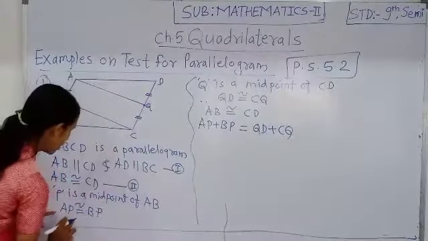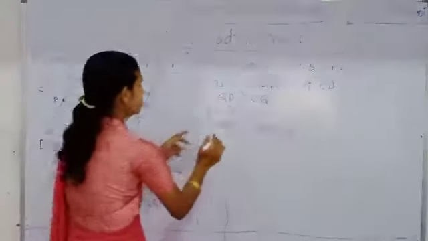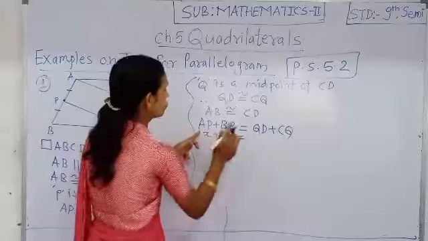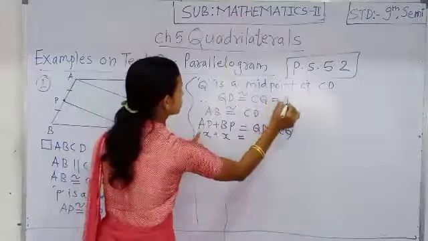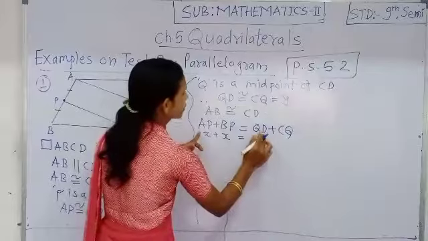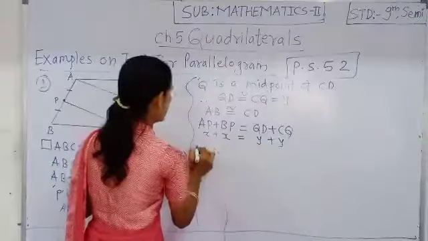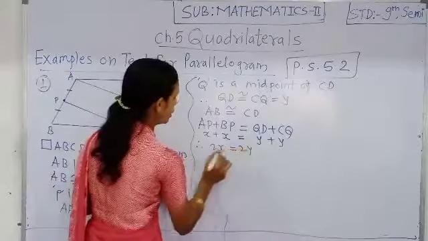If we consider AP congruent to BP equal to X, therefore we can write X plus X is equal to QD congruent to CQ, and let this be Y, therefore QD is Y plus CQ is Y. Therefore we can write 2X is equal to 2Y.